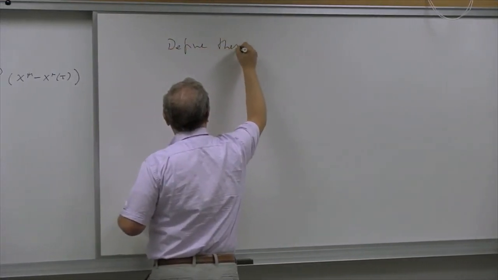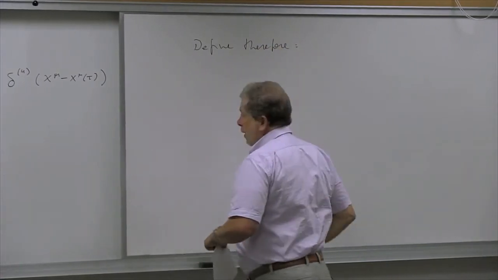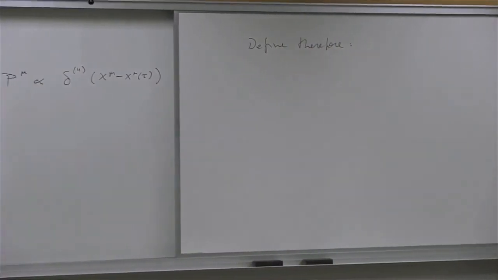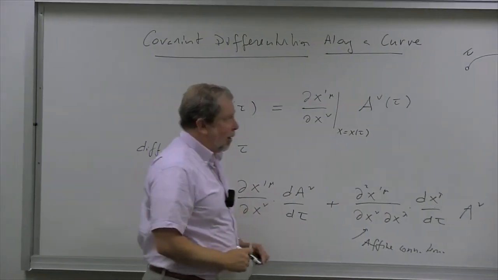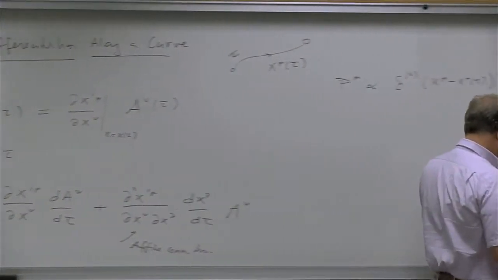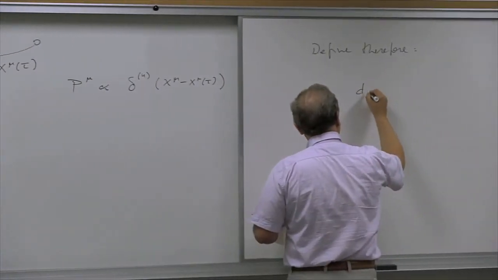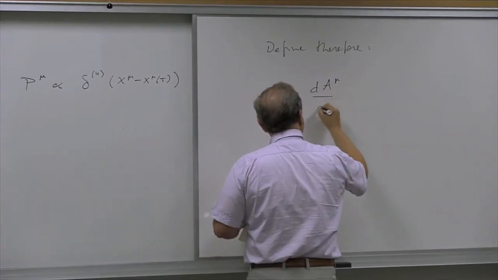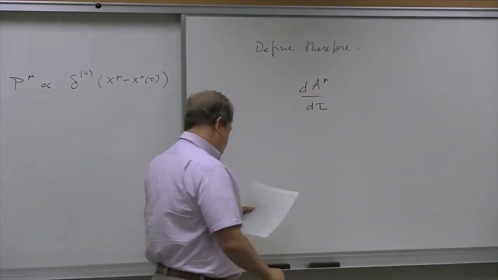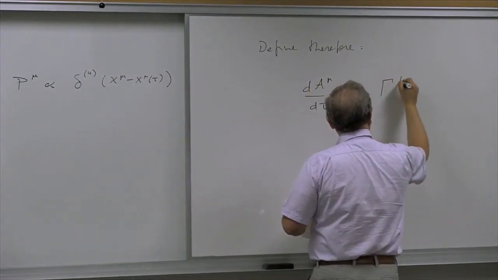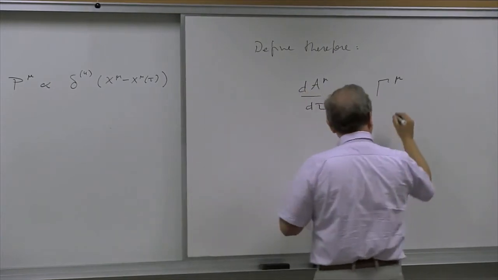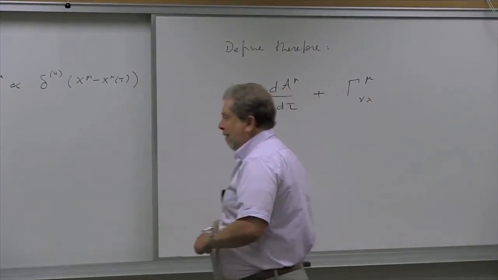So we define, therefore, the derivative along a path, along a curve, to be the ordinary derivative, dA mu by d tau, right, plus an affine connection term, so plus gamma mu times nu lambda.